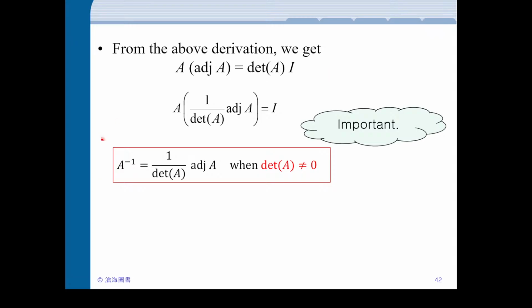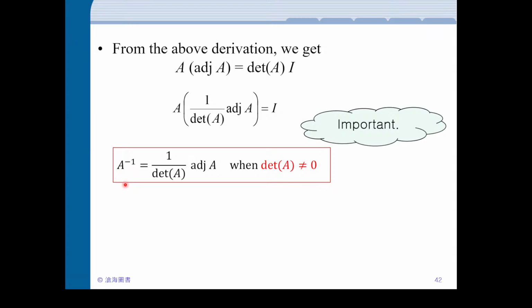But then this gives us a nice way. We see that we are very close to having an inverse here, because we want something times your matrix equal to the identity matrix. So you just divide by the determinant of A on both sides. Then we see that A minus 1 is 1 over the determinant of A times our adjoint matrix. So the adjoint matrix is almost A minus 1.